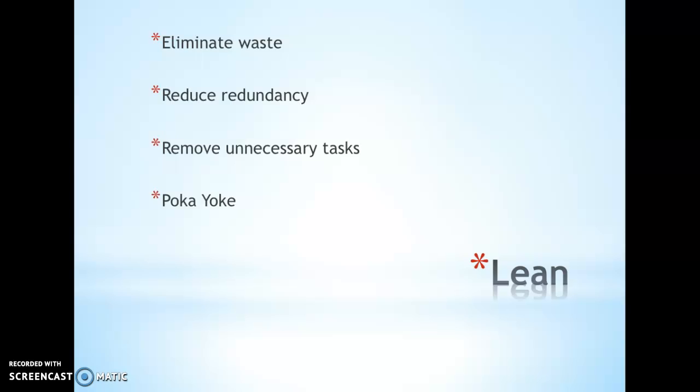Now, Lean aims at eliminating waste. So for instance, if the insulin came in a more suitable and more practical dosage or concentration, then perhaps we wouldn't have had unnecessary sub-steps. So in this case, Lean's approach would be able to eliminate that, reduce redundancy, and remove unnecessary tasks.